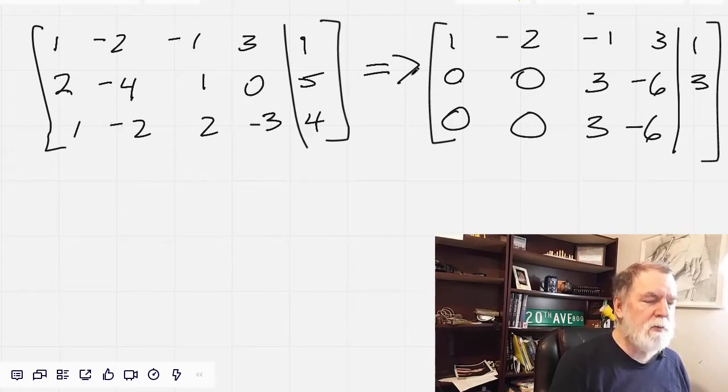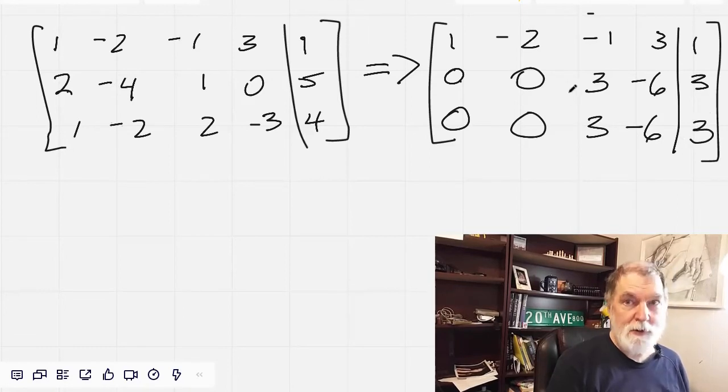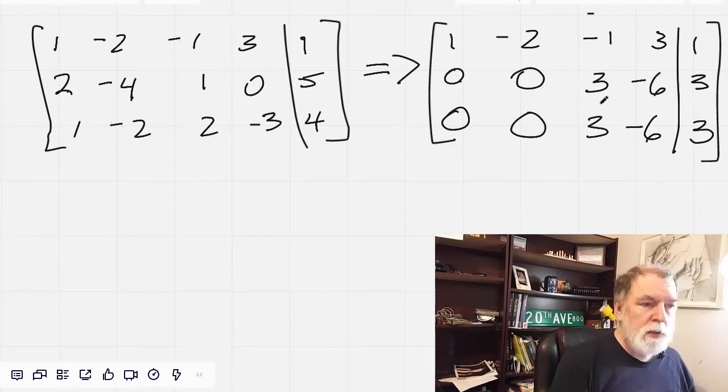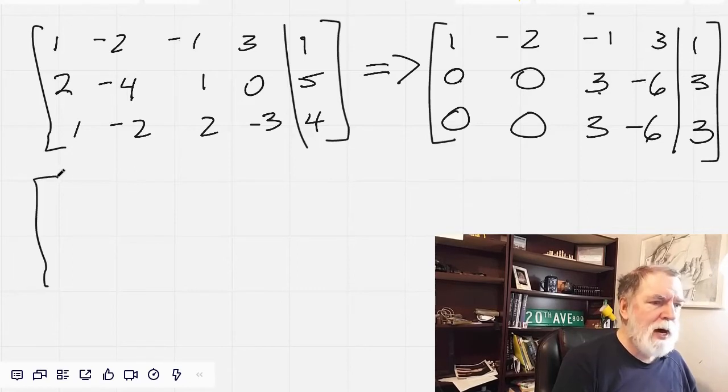And 4 minus 1 is 3. Here's an interesting state of affairs. Rows 2 and 3 are identical. So we can't turn this 0 into a leading one, but we can turn the 3 into a leading one by dividing this row by 3.